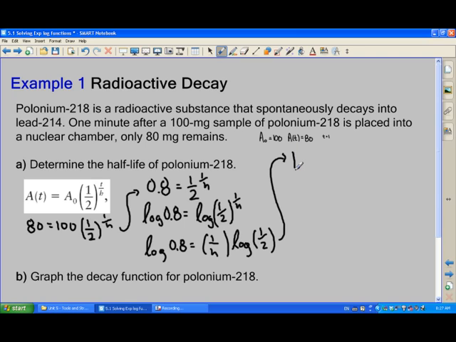I'll cross multiply and bring that factor of h up. So h times the log of 0.8 is equal to the logarithm of 1/2, or the log of 0.5. Dividing both sides by the logarithm of 0.8, I get h equals the log of 0.5 divided by the log of 0.8.